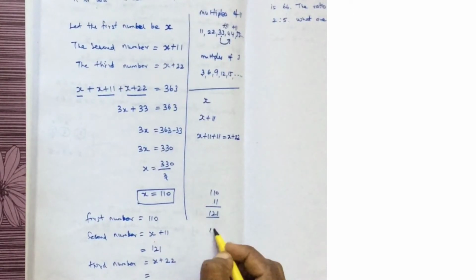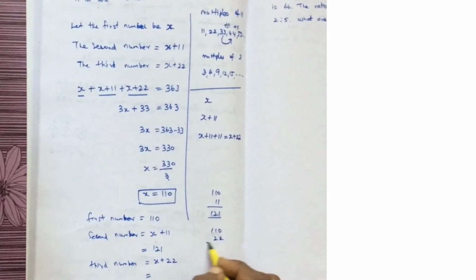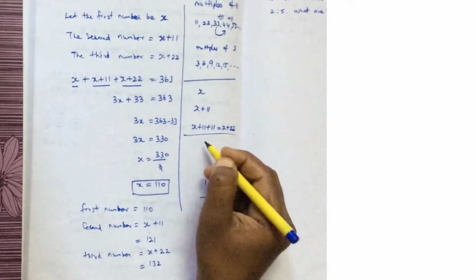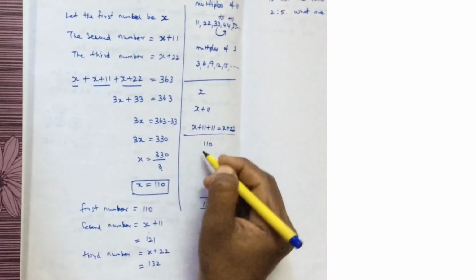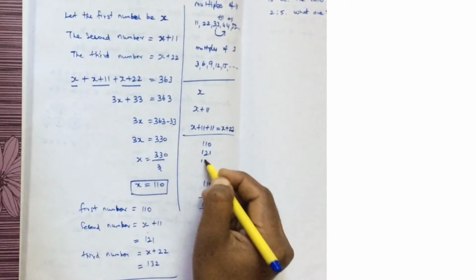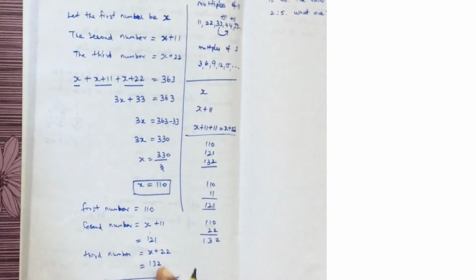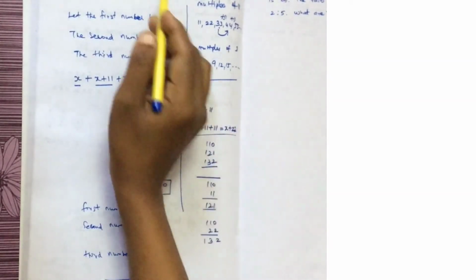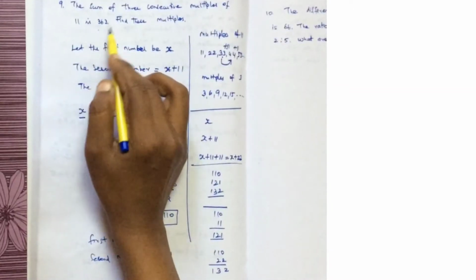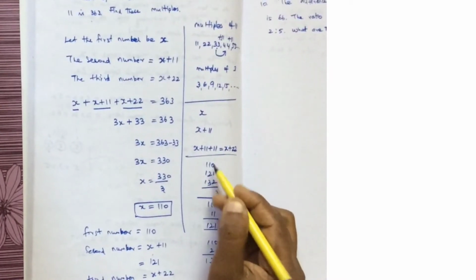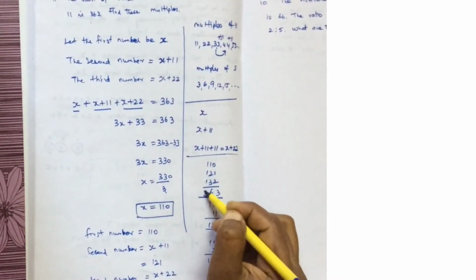What is x here? 110 plus 22, 132. Okay, the first number is 110, the second number is 121, and the third number is 132. You got the 3 numbers. You can check this: if you add, you should get 363. So 2 plus 1 is 3, 3 plus 2 plus 1 is 6, 363. Okay.